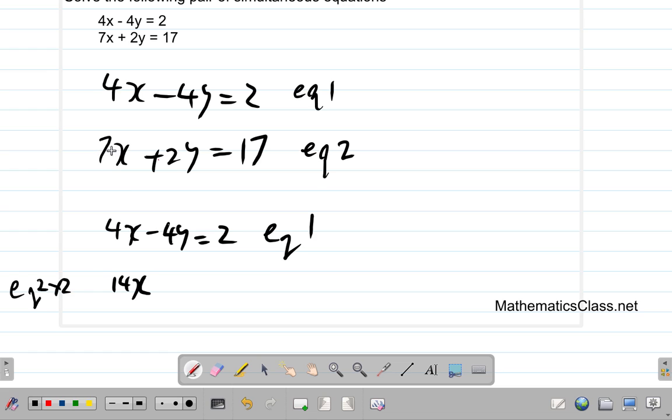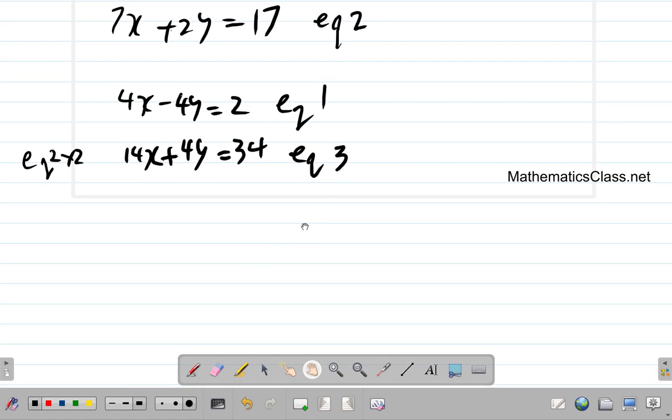So multiply this 7 by 2, I get 14. 14x plus 2 2's 4y equals 2 by 17 is 34. Let's call this equation 3. This is our new equation. Alright. Now, what will this look like?